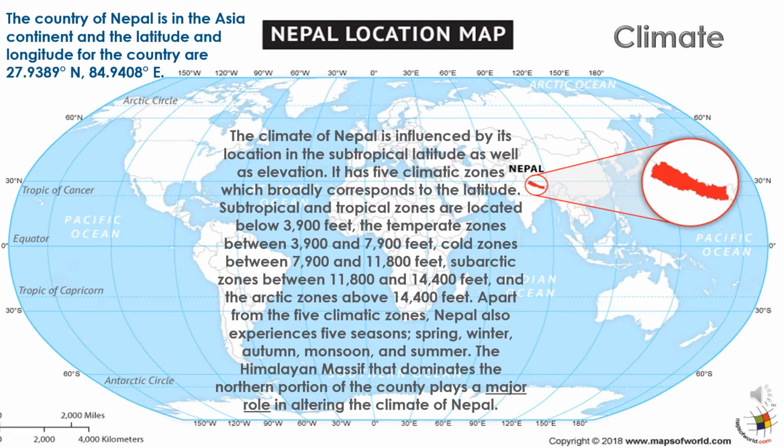Apart from the 5 climatic zones, Nepal also experiences 5 seasons: spring, winter, autumn, monsoon and summer. The Himalayan massif that dominates the northern portion of the country plays a major role in altering the climate of Nepal.